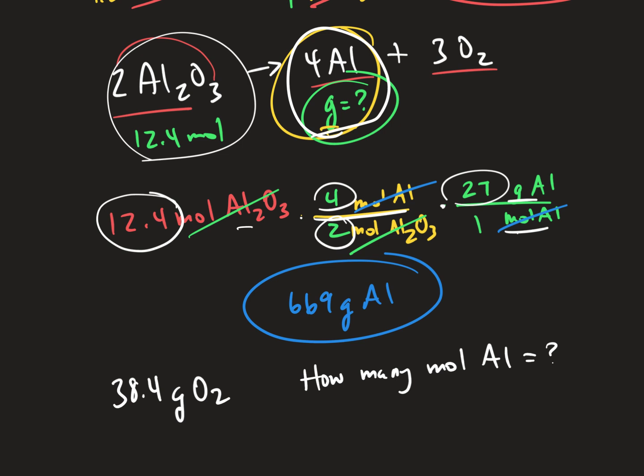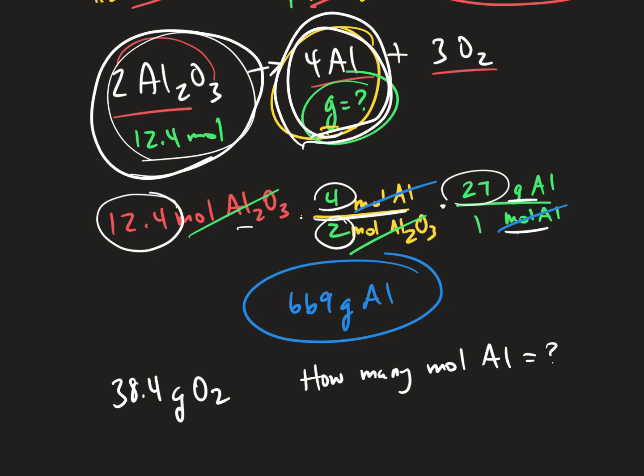So I want you to recognize something here. Last time we started with our reactant and we converted to one of our products, right? This time we're starting with our product. Can we convert to our reactants? Yeah, we can.